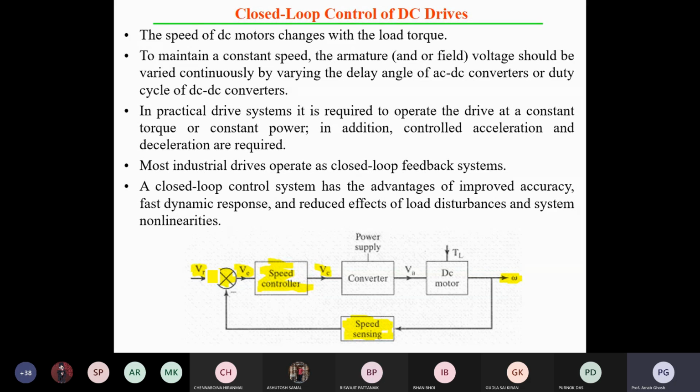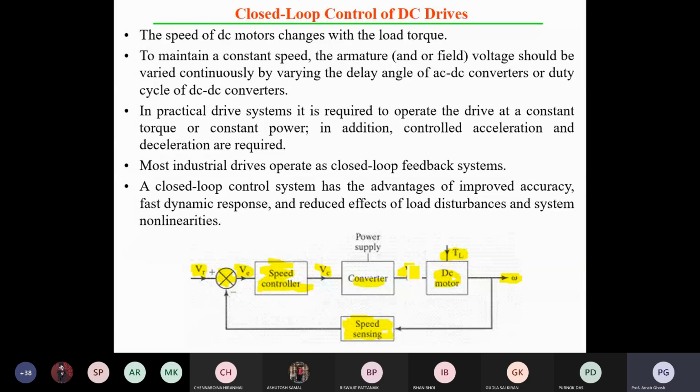If the switch on-off time varies, the output voltage, the armature voltage, meaning the output voltage of the switching converter, also changes as per VA. So the DC motor output, the motor torque, also changes. Input is DC electrical, output is mechanical, and TL is your load torque.